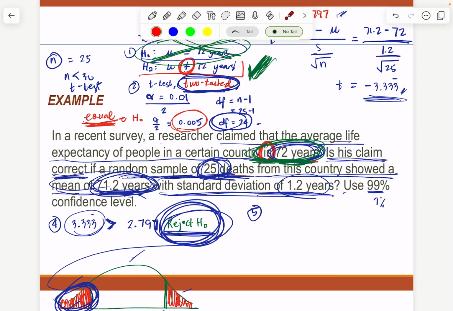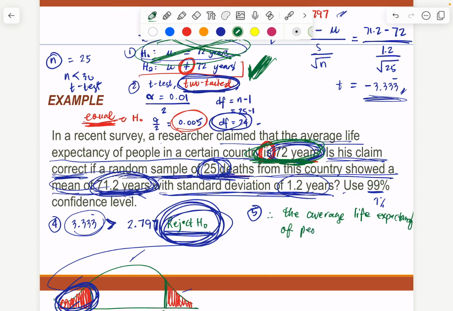You can then state: therefore, the average life expectancy of people in a certain region is not equal to 72 years.